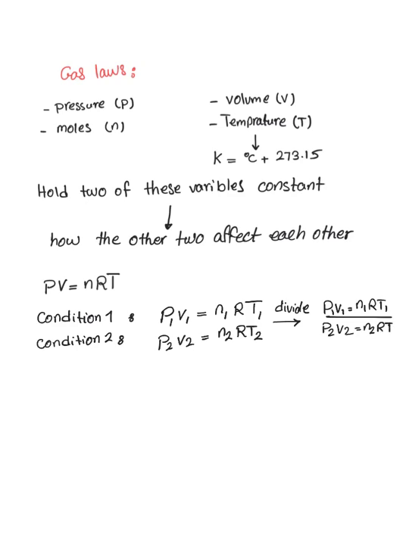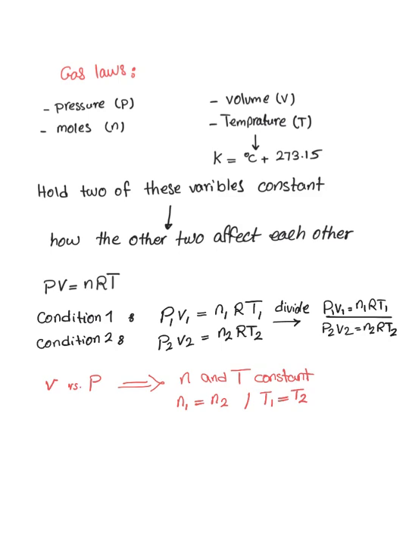For example, if I want to know how volume can change versus pressure, what I need to do is to keep number of moles and temperature constant. That means N1 should be equal to N2 and T1 should be equal to T2.